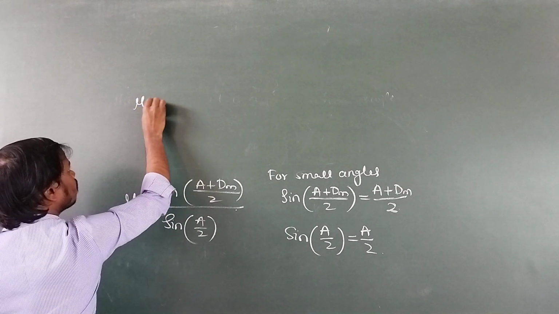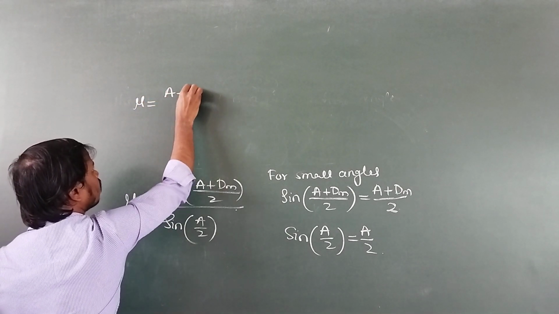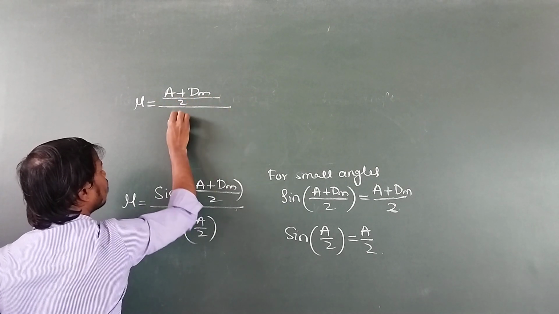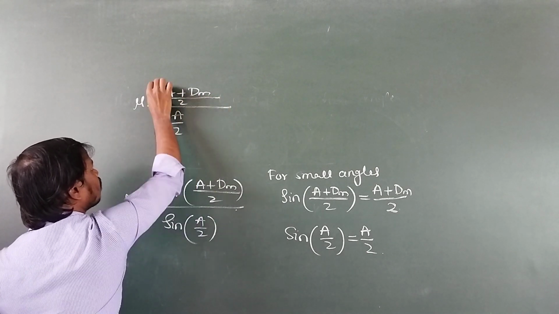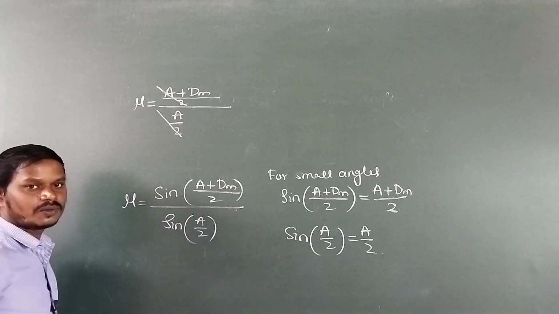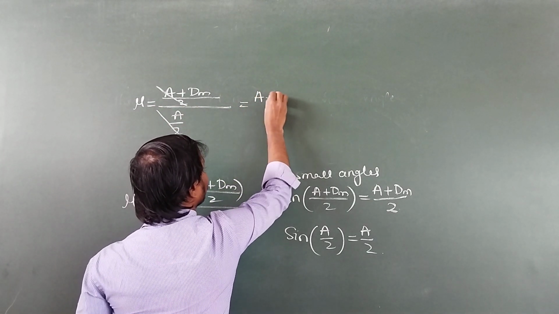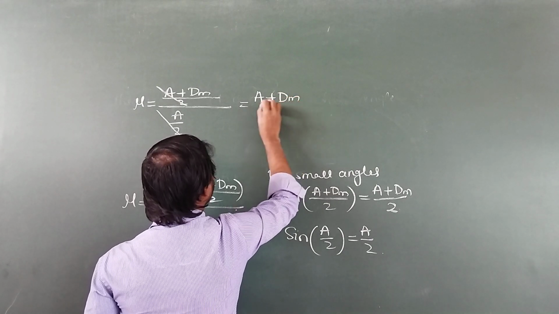Mu is equal to (A plus dm) by 2 whole divided by A by 2, and this 1 by 2 gets cancelled. Now what remains? That is (A plus dm) divided by A.